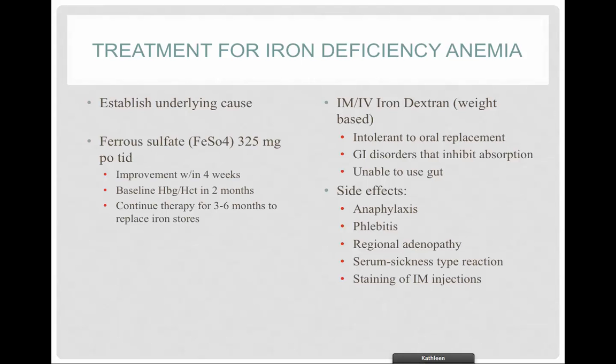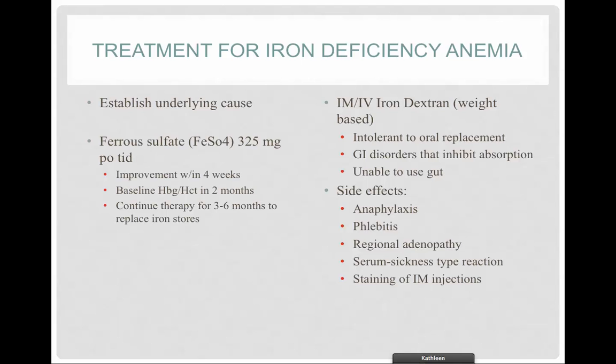Now, if they cannot tolerate the iron, there's always IV iron dextran, weight-based, and that's for people that are intolerant to oral replacement, or for individuals with GI disorders that inhibit absorption, or they're unable to use the gut.